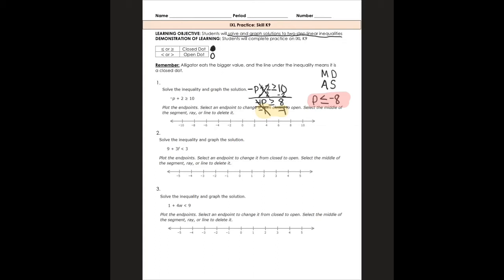Starting with negative 8, I put my dot at negative 8. It is a closed dot, because we have this line underneath the sign, and p is less than or equal to negative 8. Because the negative 8 is being eaten, it is bigger, so less goes to the left.